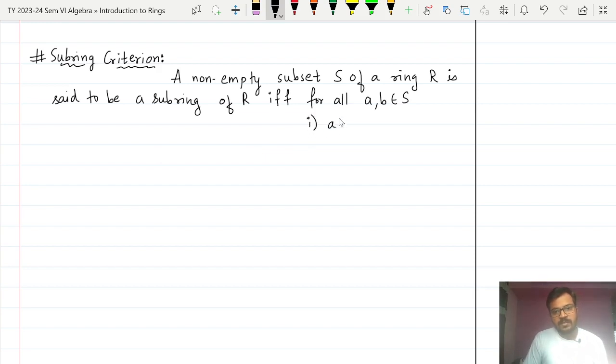The first one is ab should belong to S, and the second one is a minus b should belong to S.